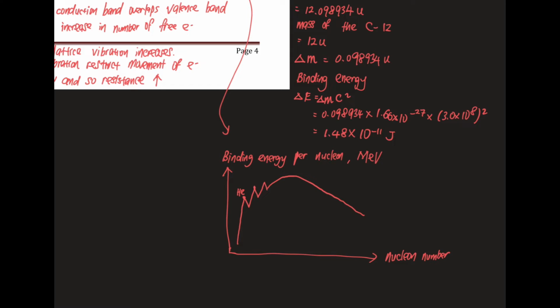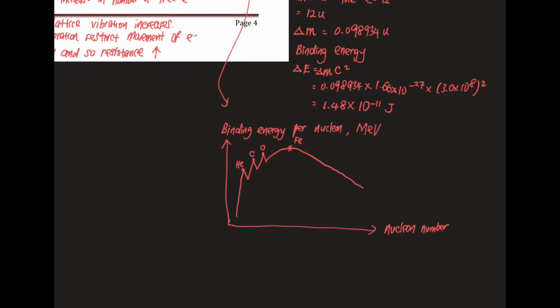After that you can see carbon, which is also stable, and oxygen, also stable, and one of the maximum values among all these is iron. Iron has the greatest binding energy, showing that it is very stable. So this is how the graph looks.